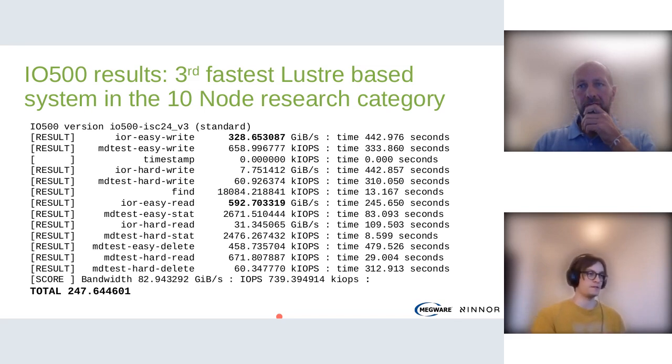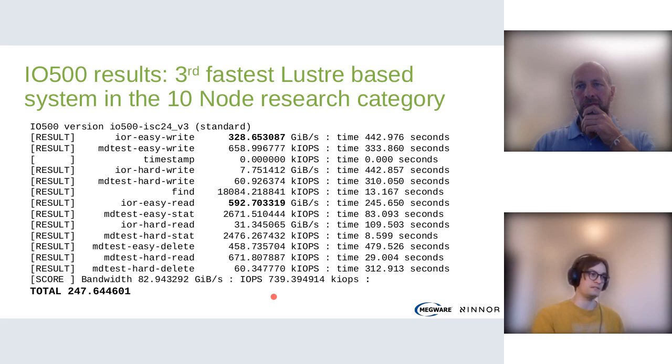Please keep in mind these numbers are in gibibytes per second, not gigabytes per second, so gigabytes a second is a little bit higher. It's roughly 350 gigabytes a second for writes, and a little bit over 600 gigabytes a second for reads. That's already pretty good for such a small system.